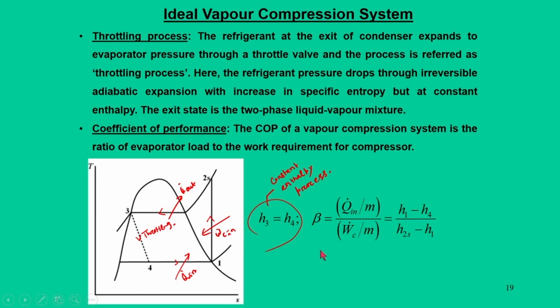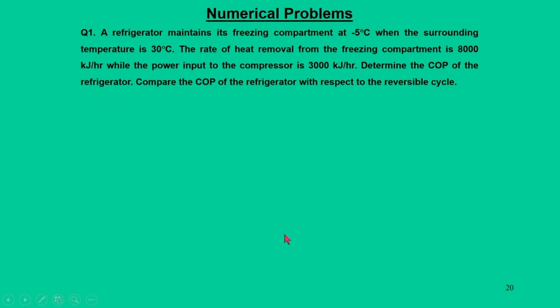From this we can calculate the coefficient of performance for this cycle, which is beta equal to Q dot in by m dot divided by W dot C by m. So, we can calculate H1 minus H4 divided by H2S minus H1. This is how we define the COP of the refrigerator.